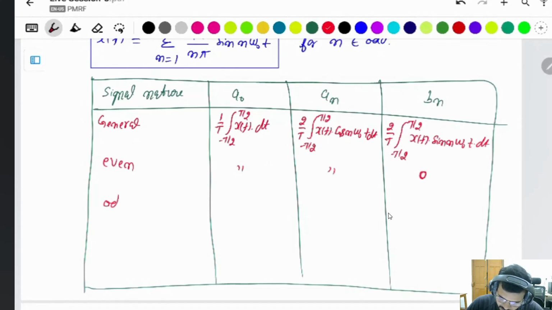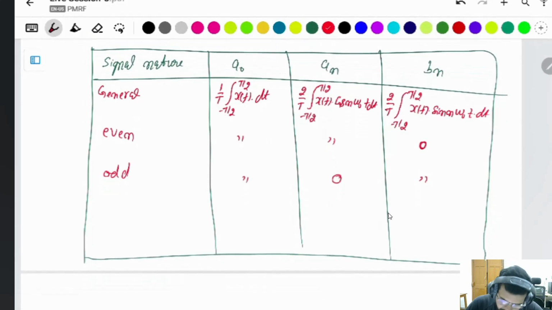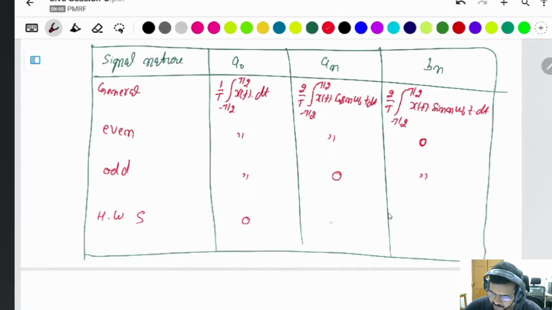If the function is odd, then this will be calculated, An will be 0. But if the system has half wave symmetry, in this case A naught will be 0. Then An will be calculated, Bn will be calculated. But only odd harmonics are there.